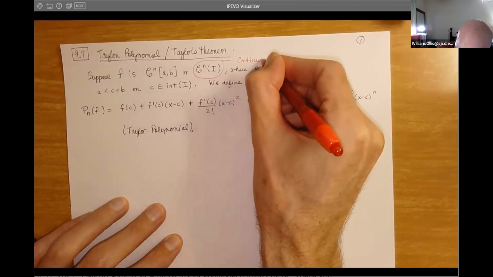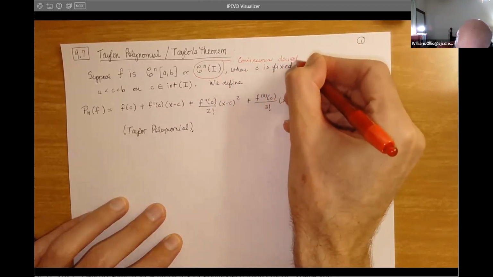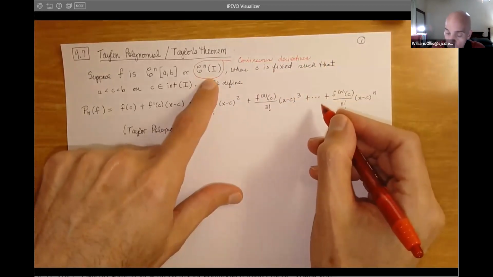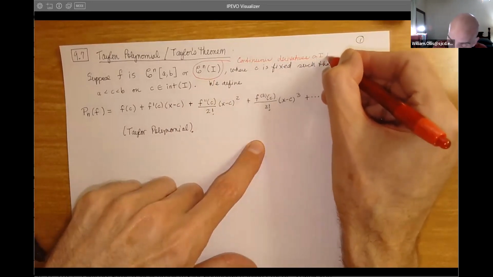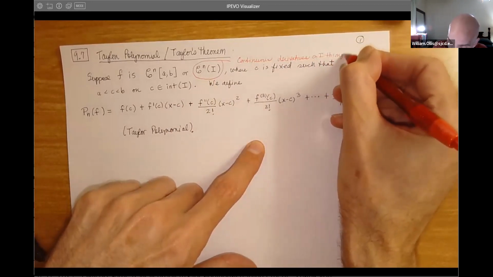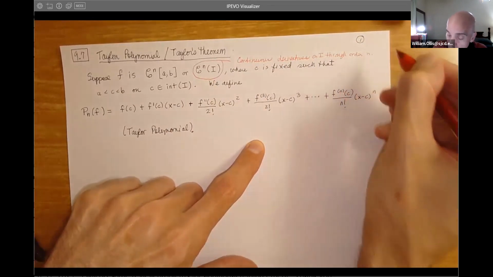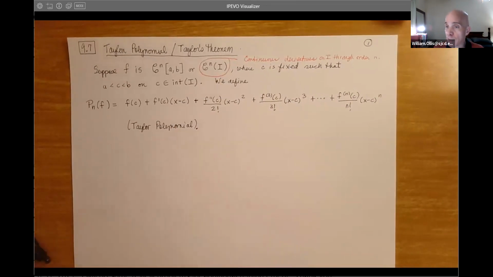So the idea, like I said before, with this notation, is continuous derivatives. That is, ladies and gentlemen, when we look at the derivatives, they're continuous on I, through order n. Sometimes we need C infinity. We need all orders of derivatives to be defined and continuous, and we have functions that have that property.